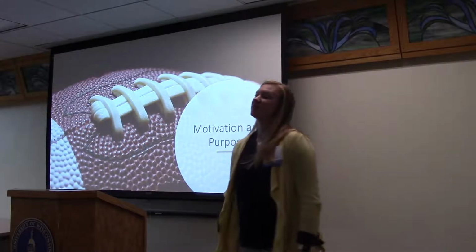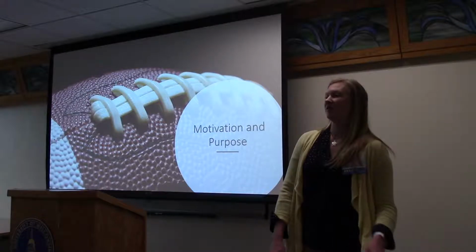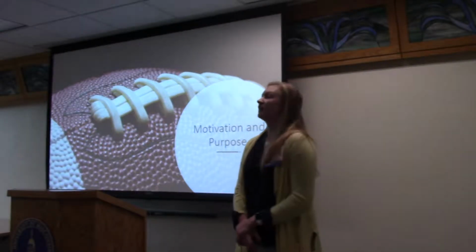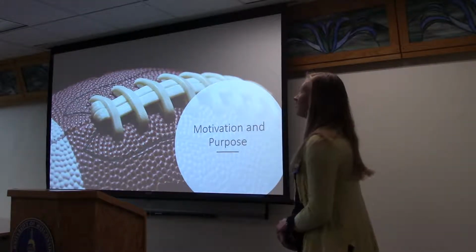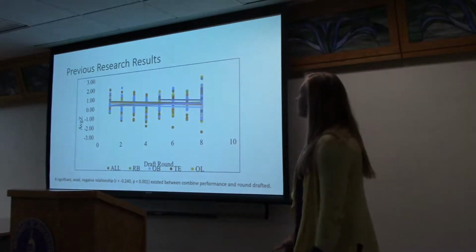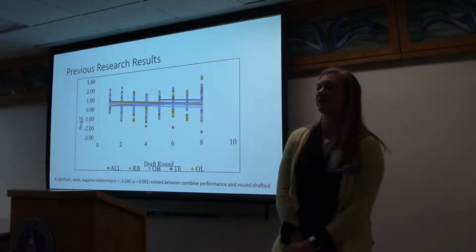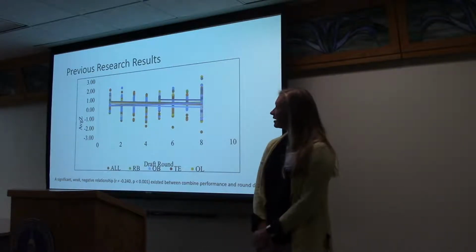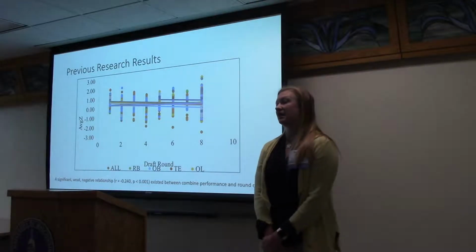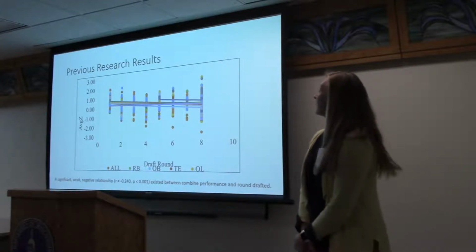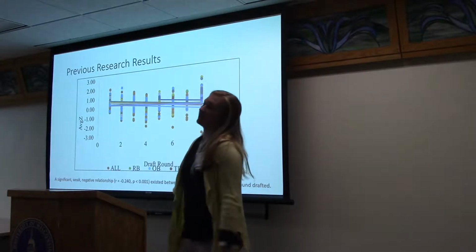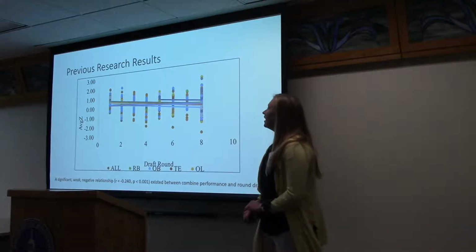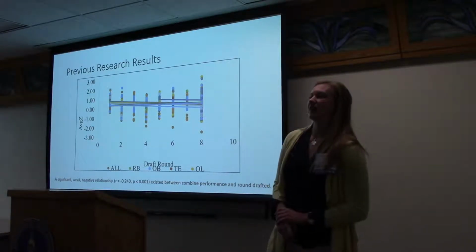So what's next? I started this research as a freshman, looking at the NFL Combine to the NFL Draft. That is where it all started. For that research, I took a Z-score combining all of the Combine statistics together and then correlated that with the rounds. As you see here, the rounds are at the bottom. The 8th round means they're undrafted. It was very interesting to see a negative correlation.